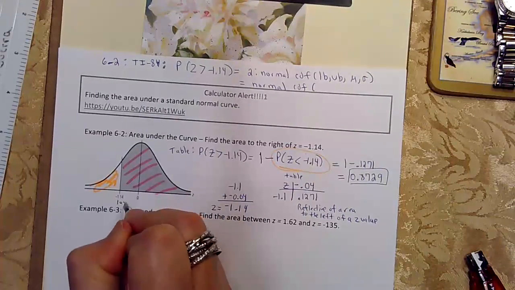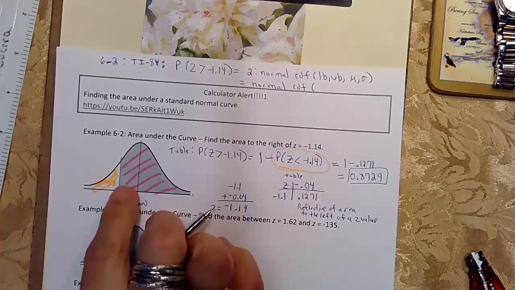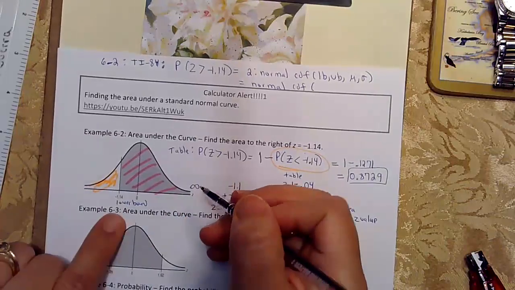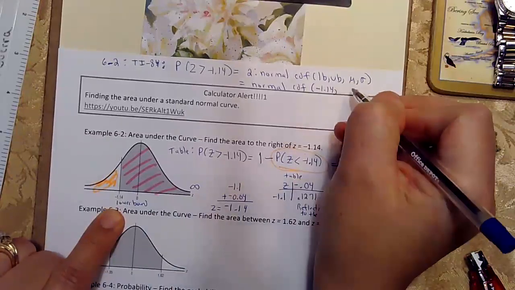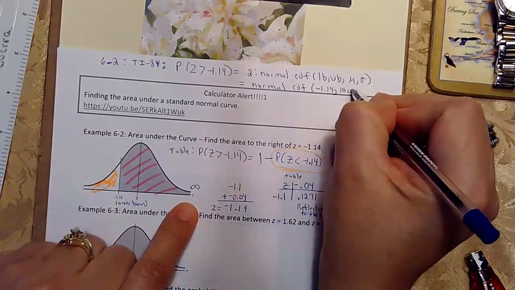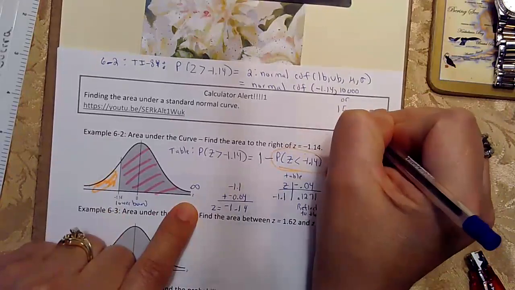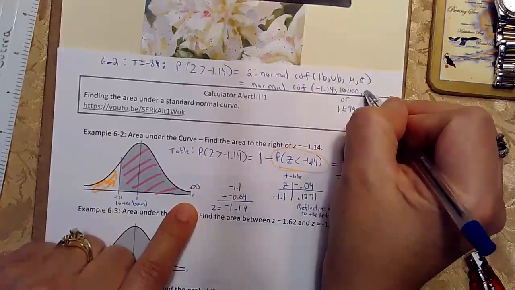And then all the way to the right, this is infinity. So the lower bound for this problem is negative 1.14. And then this is infinity. So here you can use a positive 10,000, or you can use a positive 1 e to the 99. And then mu is 0 and sigma is 1.